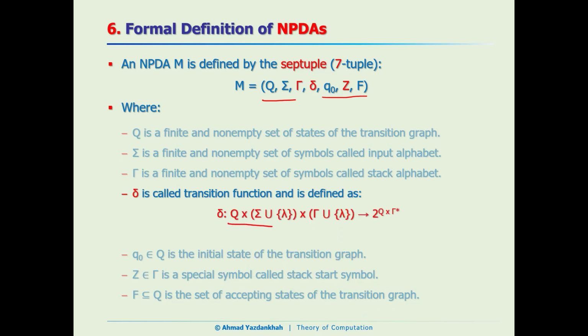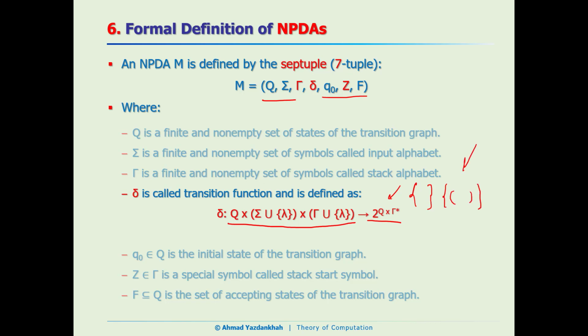On the domain side, we have no difference, but on the range side, as you see, we are using the power set, right? And why do we need to use the power set? The same reason that we talked about for the NFAs. We have some situations where we have zero values, or one value, or multiple values.